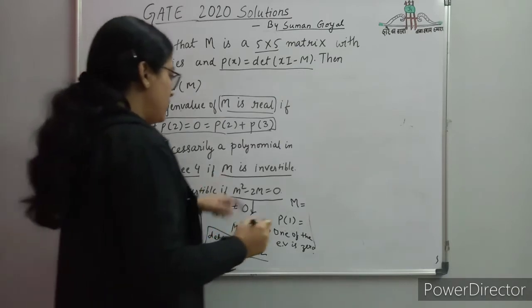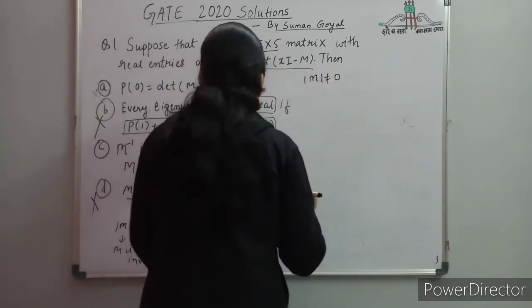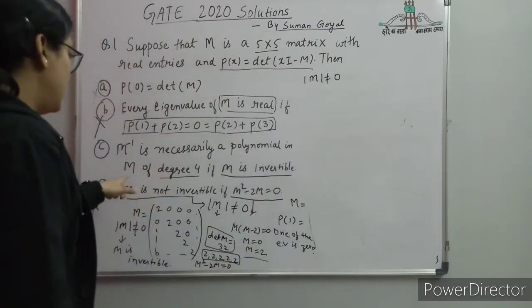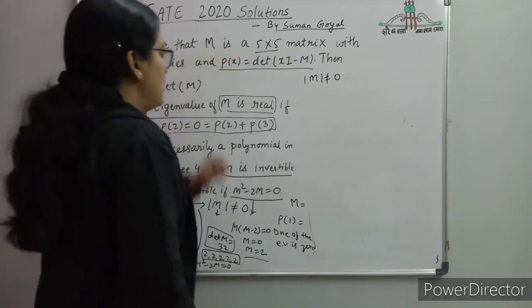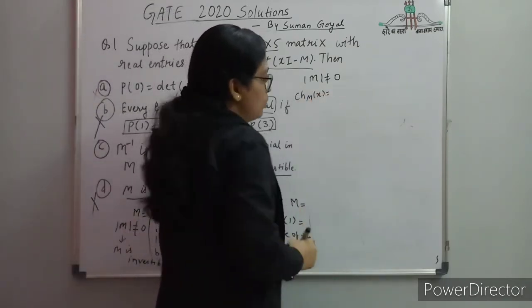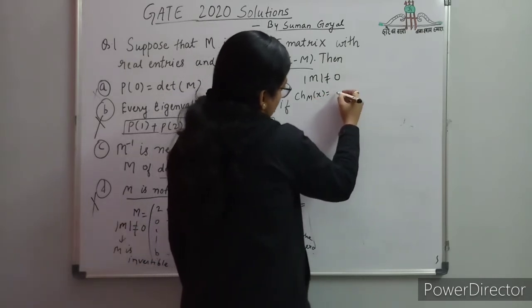Given M is invertible means determinant of M is not equal to 0. First, think about a polynomial of degree 4 in M. M is a 5 cross 5 matrix. So what is the characteristic polynomial of M? I told you in my previous videos how to write a characteristic polynomial.